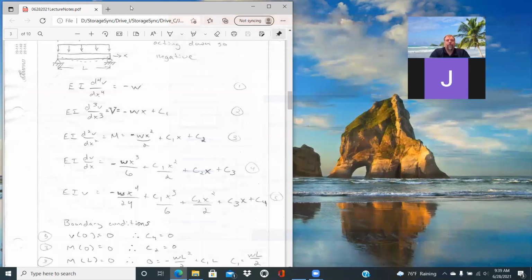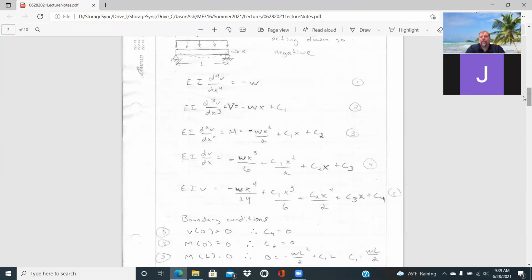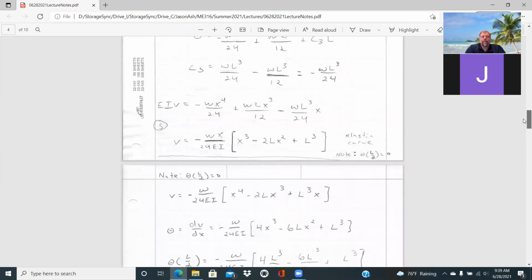And so we'll do both derivations to derive that elastic curve, and then we'll also make use of the tables to solve problems more quickly.